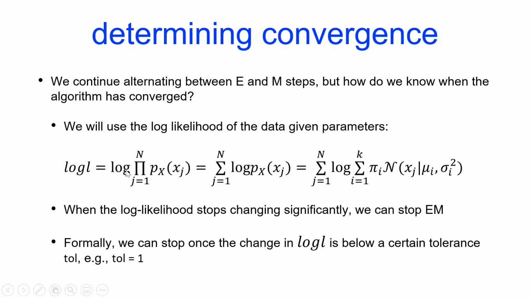So what we do is take a log, then convert it into a summation of logs. Then this will be your likelihood. Then you see when the change between adjacent iterations is smaller than a certain tolerance, for example 1e-something, then you stop.